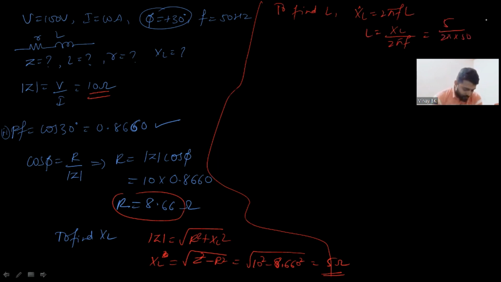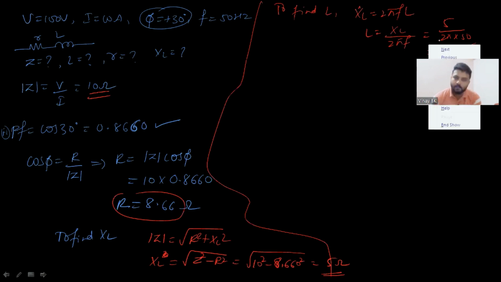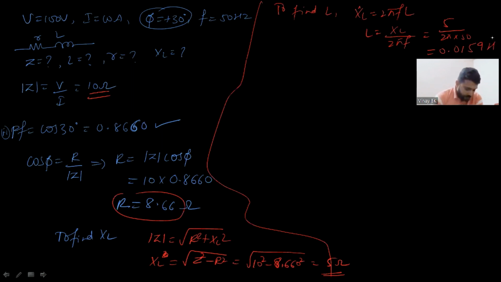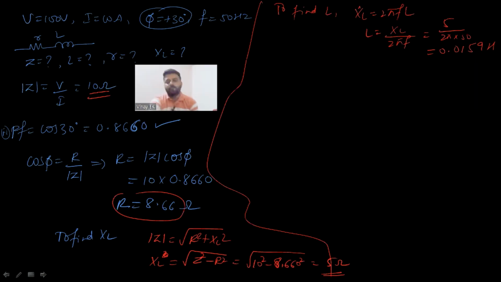So 5 divided by 2 pi 50, you can get 0.0159 Henry. If you want to write in terms of millihenry, you can write 15.9 millihenry. So the first point is finished.